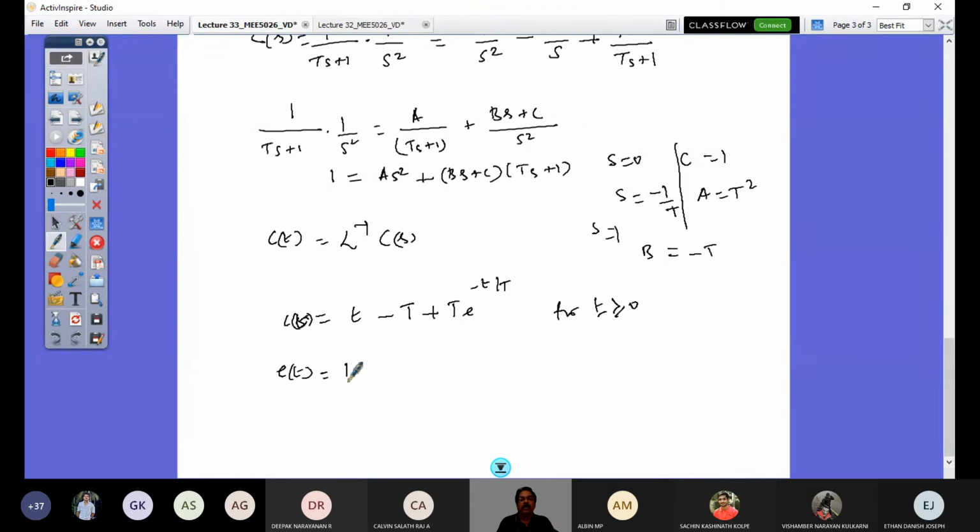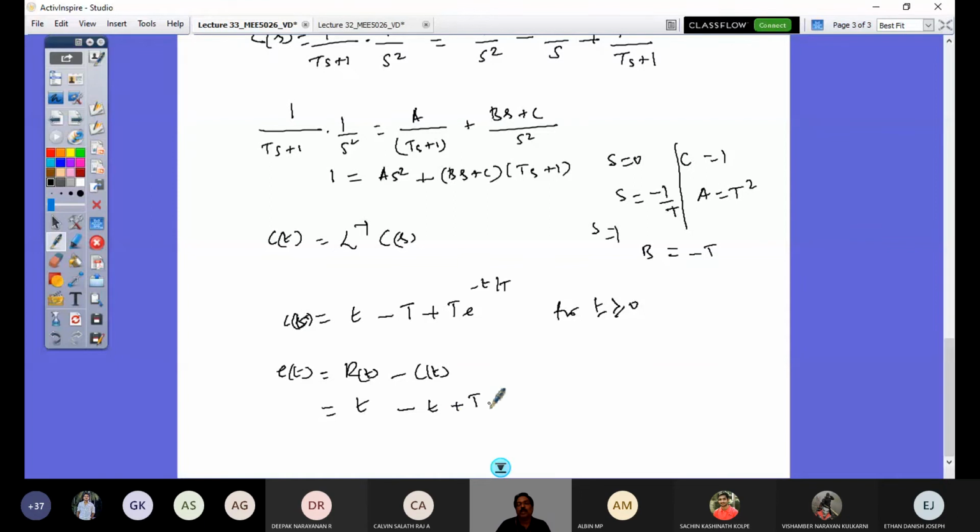What is R of t? The second is the ramp function here. R of t is t, right? Yes, t, and this is t plus t minus t e raised to minus t by t.